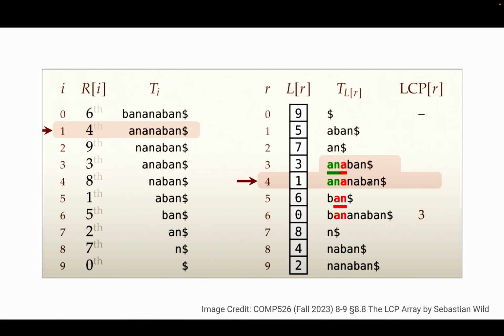So banana ban has one substring above it, which is anaban, and we find out that the first three elements are the same, so we can also write down 3 as the suffix value.